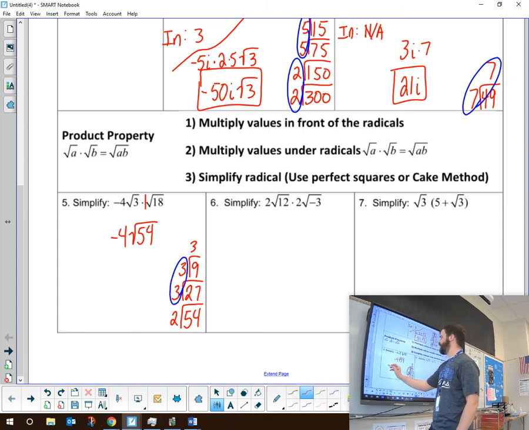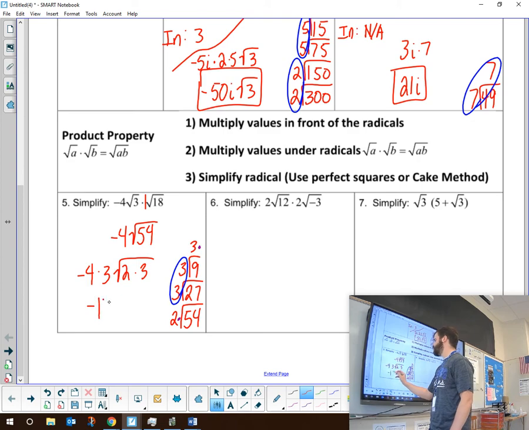So on the outside, I'm going to have the negative 4 that was already on the outside times 3. And then on the inside, we're going to have two numbers, a 2 and a 3. So on the inside, I'm going to have a 2 times 3. Okay, negative 4 times 3 is negative 12. And then 2 times 3 is 6.